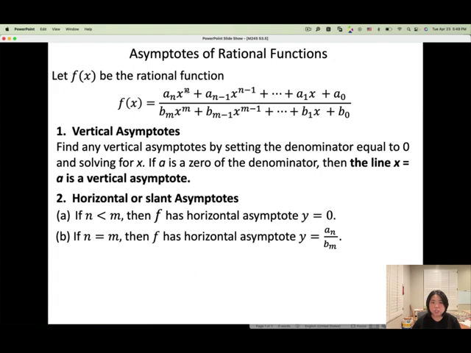B, if they are equal to each other, okay, they have the same degree in the numerator and the denominator, then we do have the horizontal asymptote, y equal to a_n over b_m. C, if n is greater than m, okay, so the degree of the numerator is higher than the degree of the denominator, then f has no horizontal asymptote.